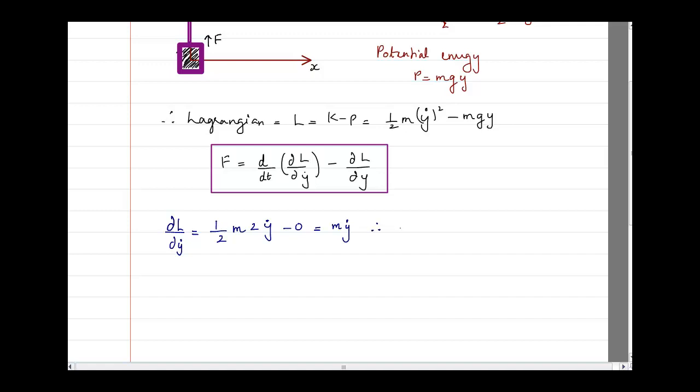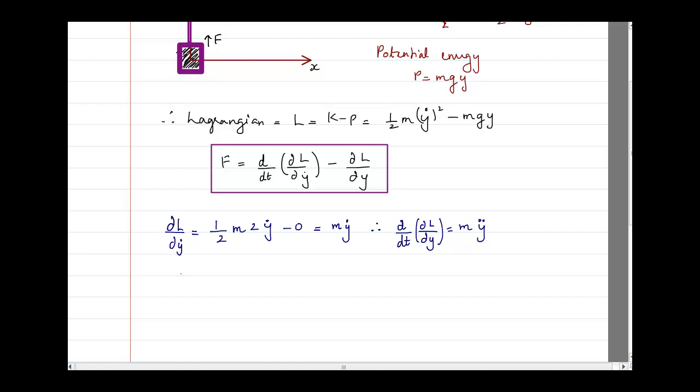Therefore I will also get d by dt of dou by dou y dot of L as the time differentiation of this, which is going to be m y double dot. Instead of single dot, it's going to be double dot, which means it is double differentiated.